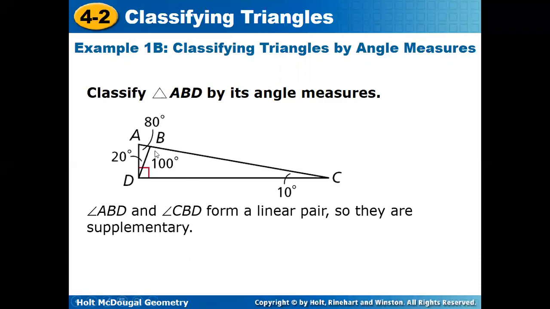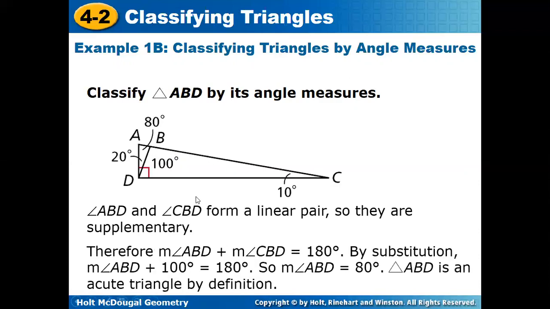And because we know that the measure of angle CBD is 100, its linear pair will be 180 minus 100, which equals 80. So in the small triangle ABD, we have angle A, which is 80, and angle ABD, which is also 80, and angle ADB or angle D equals 20.